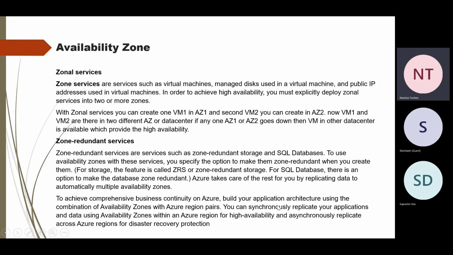You can synchronously replicate your application and data using availability zones within the Azure region for high availability, and asynchronously replicate across Azure regions for disaster recovery. So replicating within the availability zones guarantees high availability, and replicating the data and application between Azure regions guarantees disaster recovery protection.